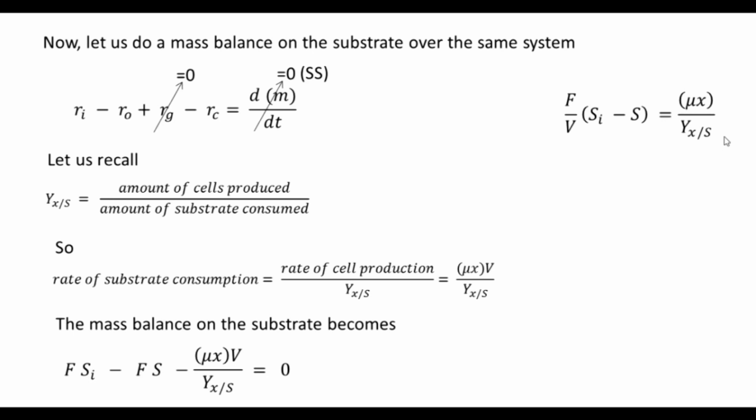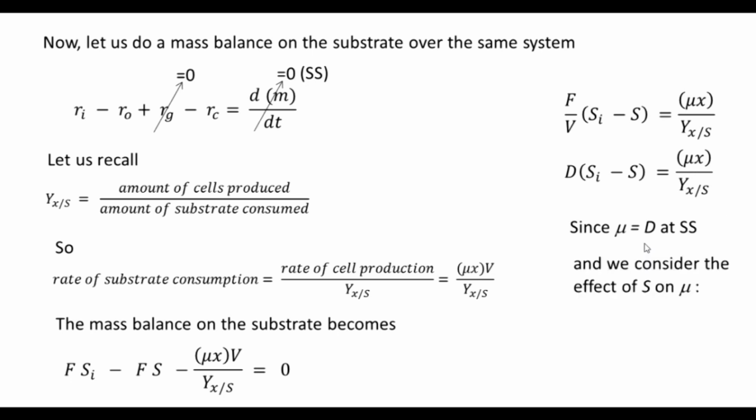Then we divide both sides by V, and we get F by V, Si minus S equals mu x by Yx/s. So F by V is nothing but D, so D into Si minus S is mu x by Yx/s. Since mu equals D at steady state, and we consider the effect of S on mu, mu m S by Ks plus S, which is actually mu, can be equated to D here.